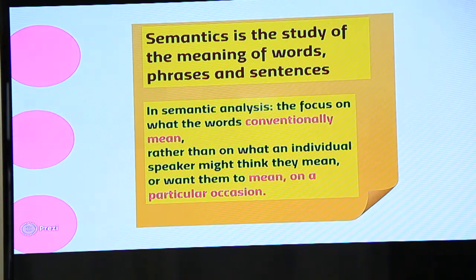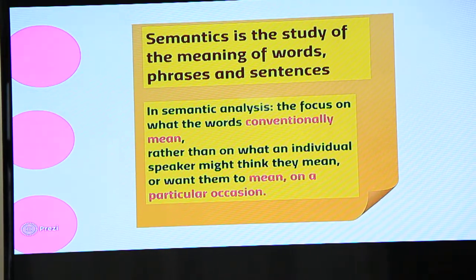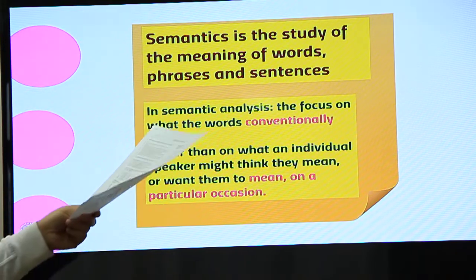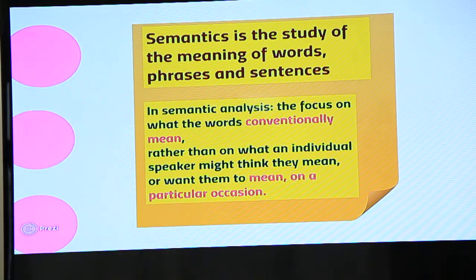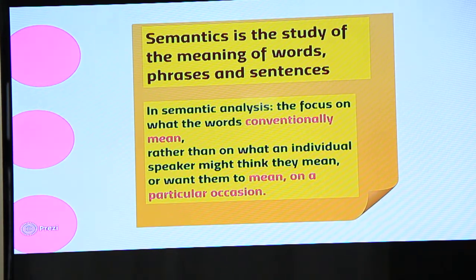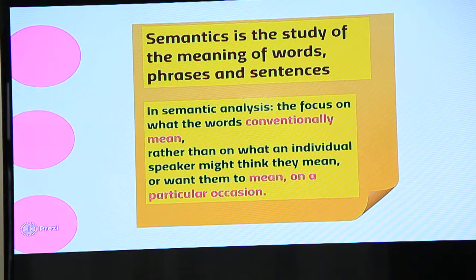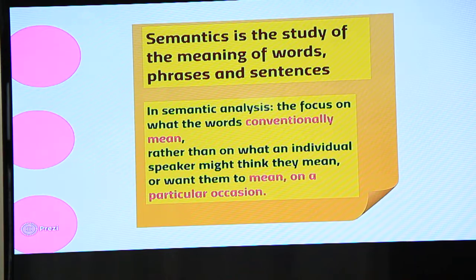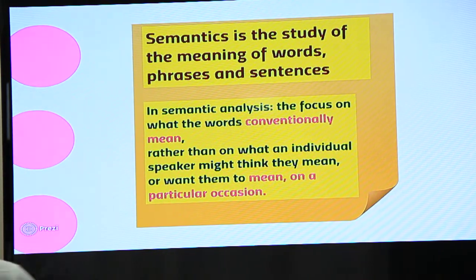And we're talking about what these components of a structure mean. Also, in semantic analysis, the focus is on what the words conventionally mean, with an objective meaning, rather than on what an individual speaker might think they mean, or want them to mean on a particular occasion.